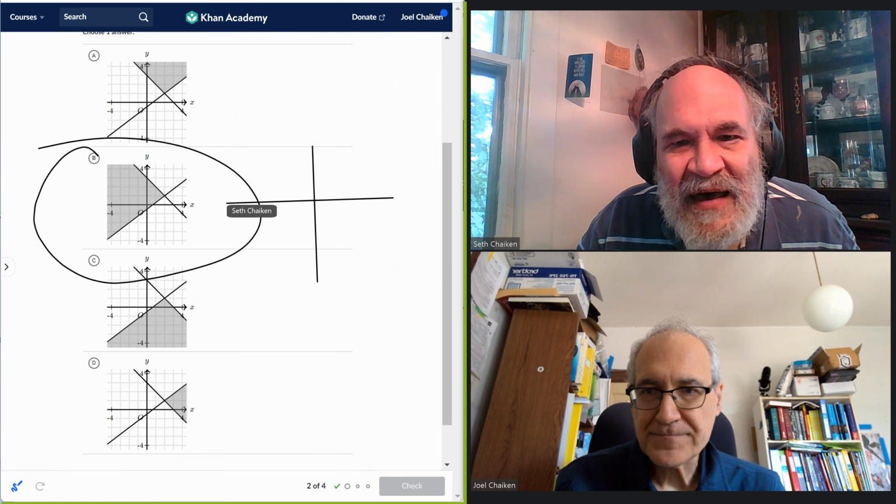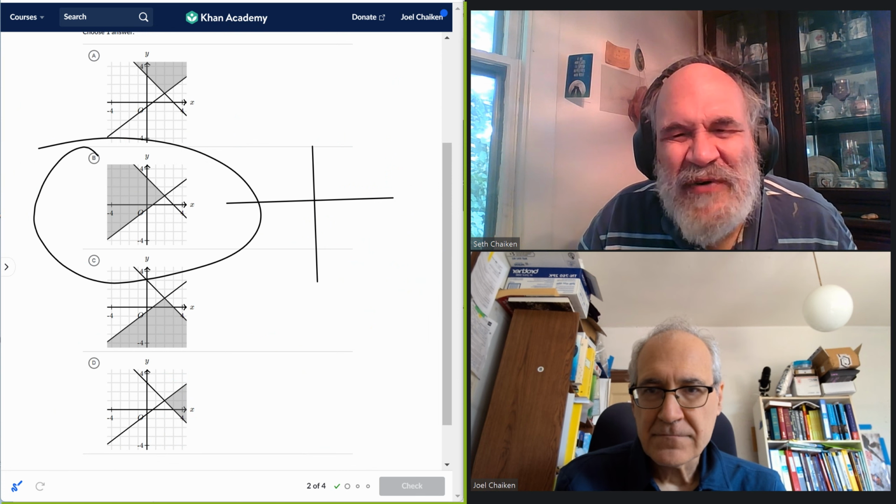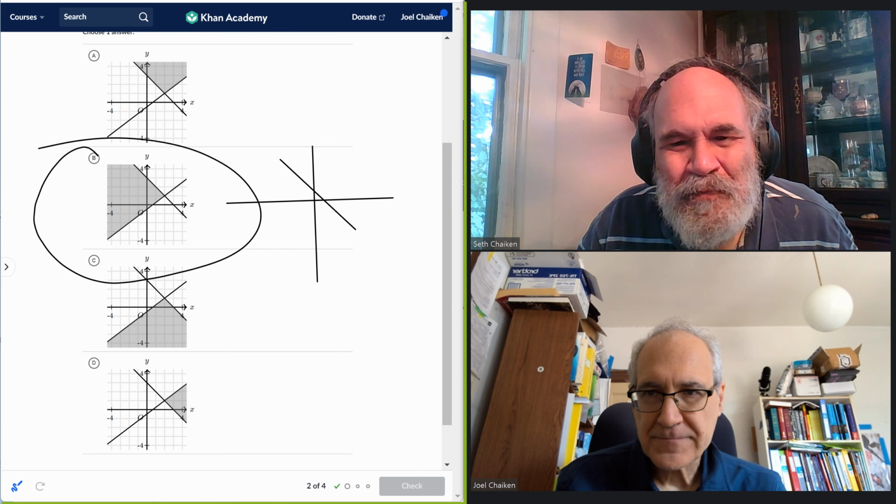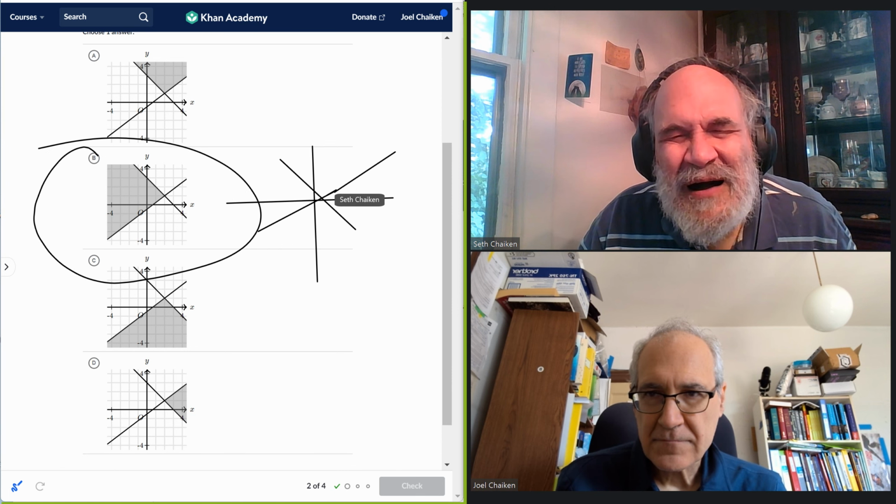And as you move out, the 45-degree line and the minus 45-degree line and the other line get close.